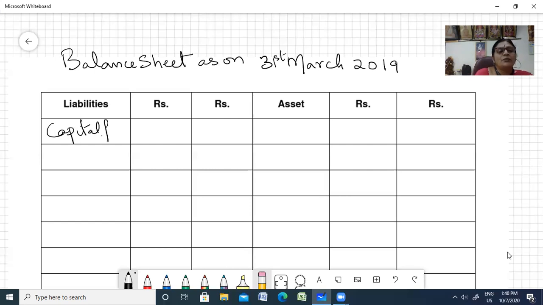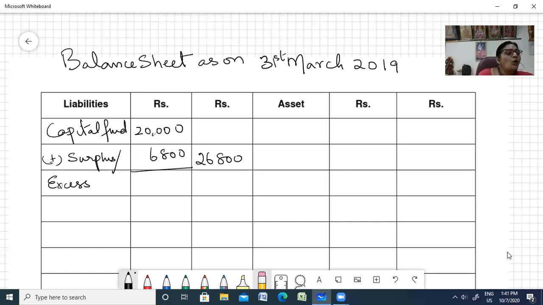From the problem, you have to pick up the capital fund, 20,000. And just now we found out our surplus, so plus your surplus or excess, that is 6,800. So total is 26,800.